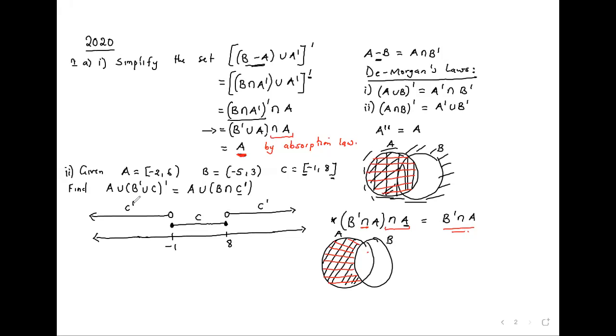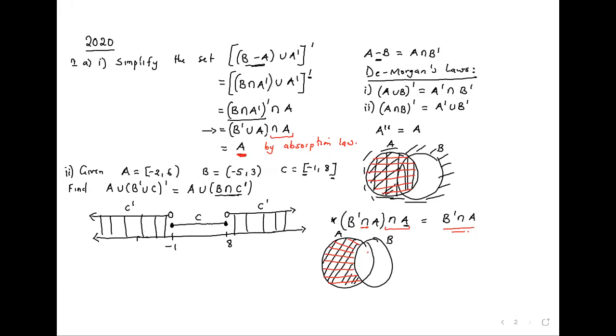In our brackets there, we want B intersection C complement. So we already have the C complement. This is C complement. Now we want to put B. B is starting from -5, or let me put B in red.